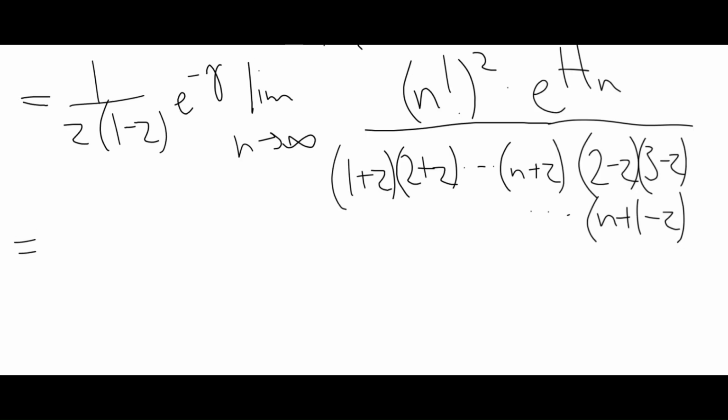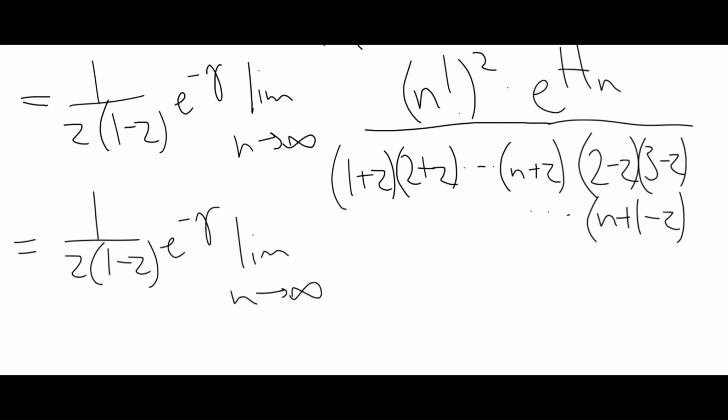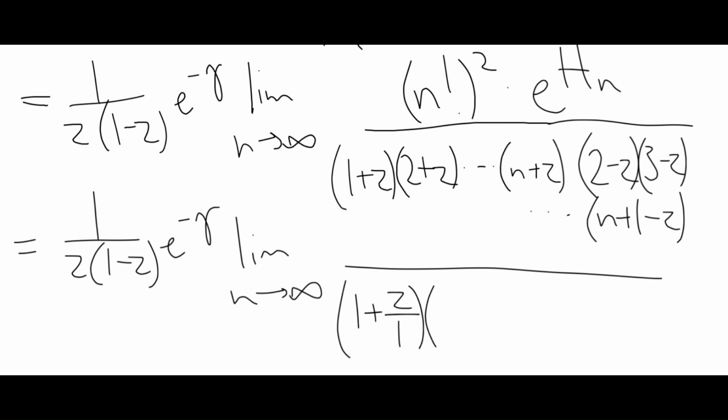So how does that simplify? We can write the fraction in a way that makes it look like Euler's sine product. So we'll write it as 1 plus z over 1, 1 plus z over 2, all the way up to 1 plus z over n.